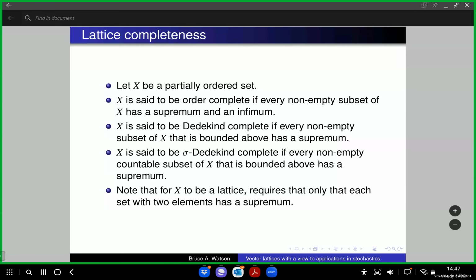So certainly in the second bullet point, you can throw away the non-empty requirement. Correct. The distinction comes in the third bullet point, when you're starting to assume boundedness. Correct.